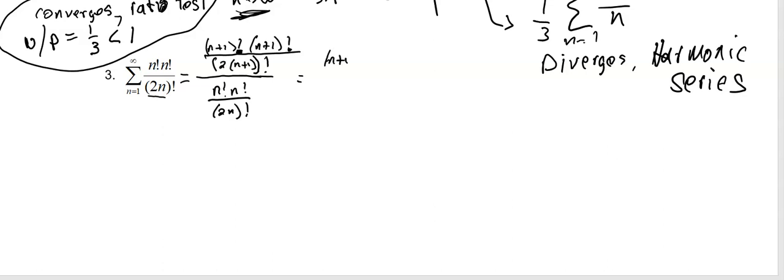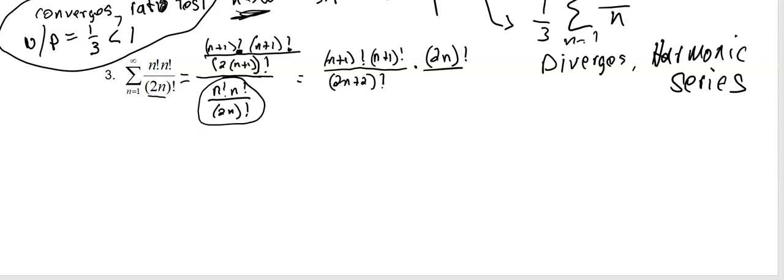We're going to have an n plus a 1 factorial and an n plus a 1 factorial divided by 2n plus 2 factorial. Take this, multiply by the reciprocal, so times 2n factorial over n factorial over n factorial.